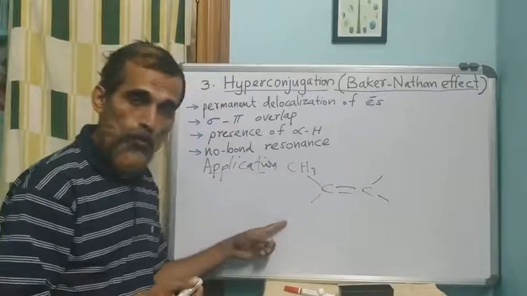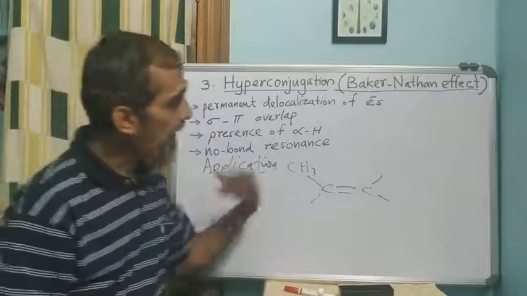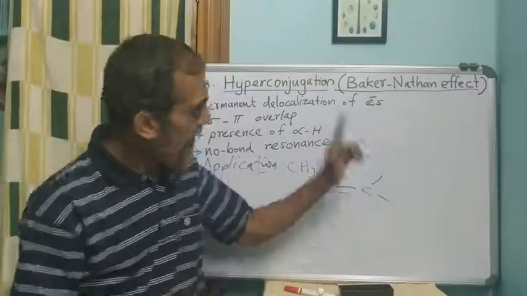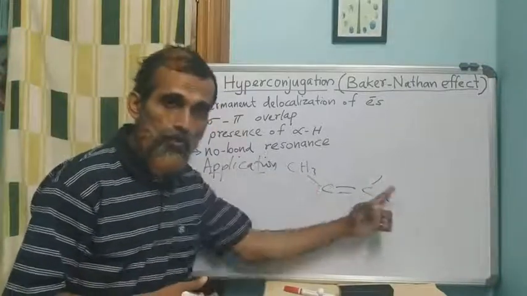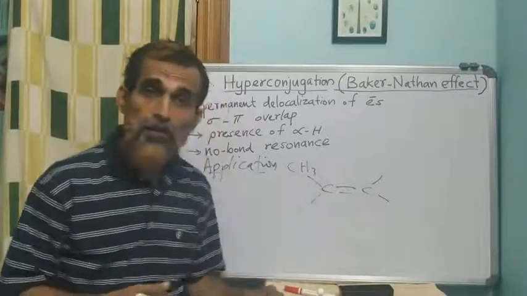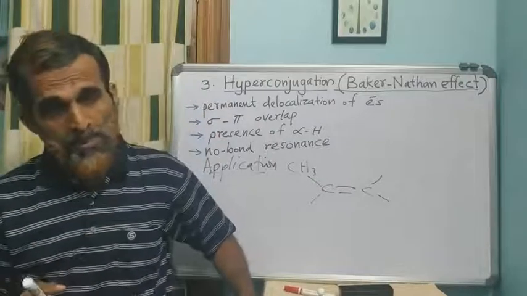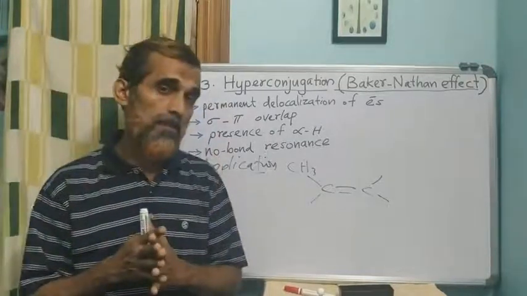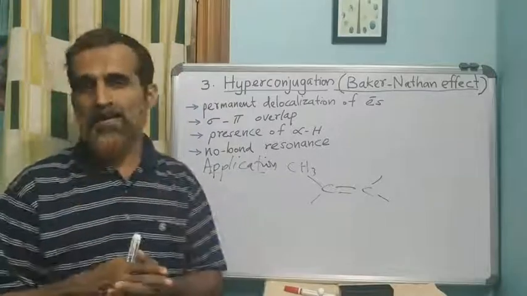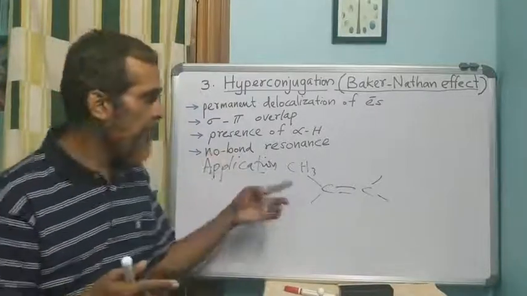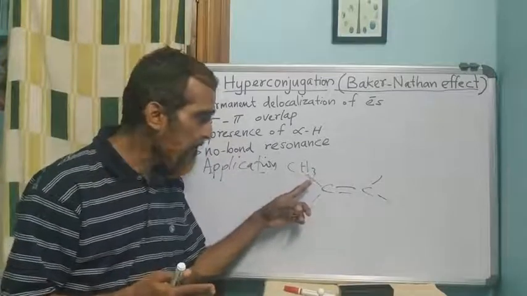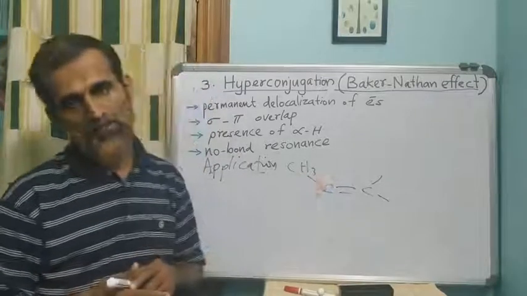If there is another methyl group here, then 6 alpha hydrogens, another methyl group here, 9, one more methyl group here, 12. So the more the substitution on the carbon-carbon double bond, the more hyperconjugation and the more stable the alkene. The point is, the stability of an alkene increases with more substitution on the carbon-carbon double bond.